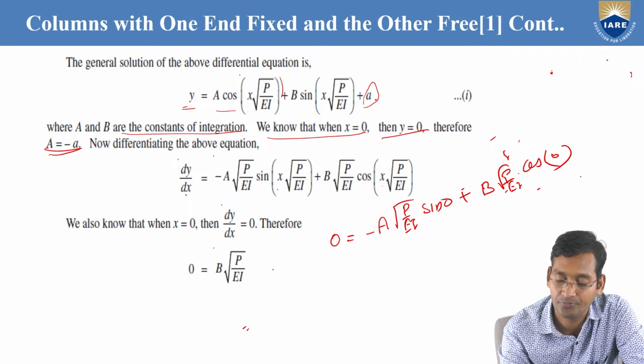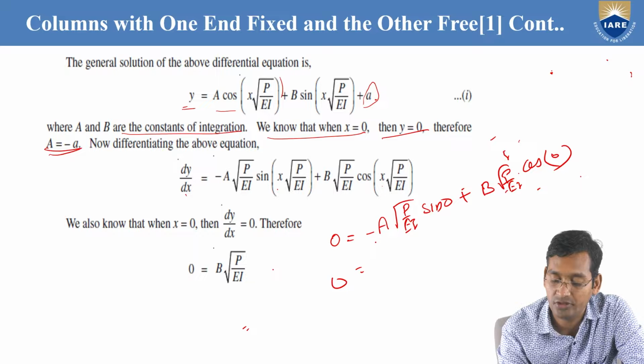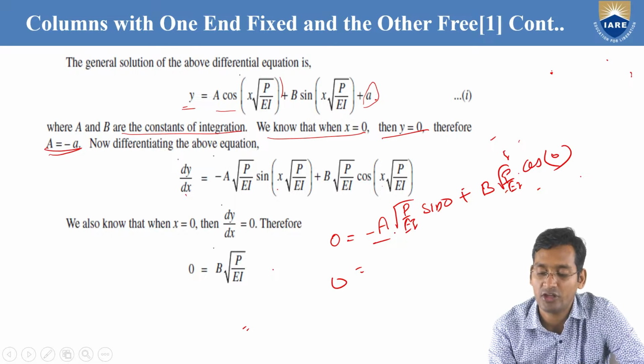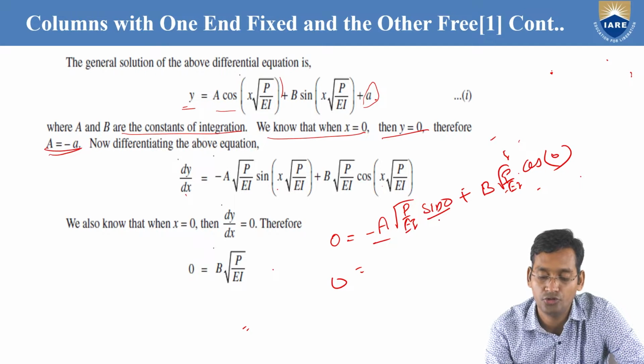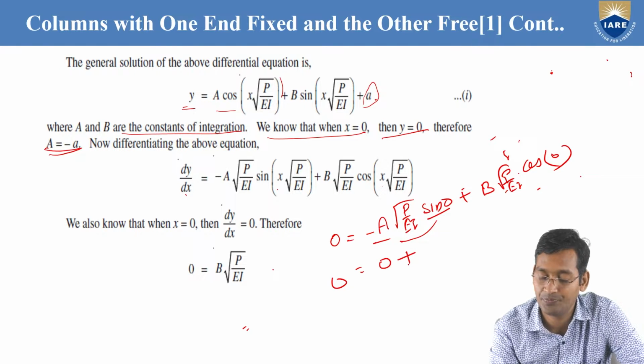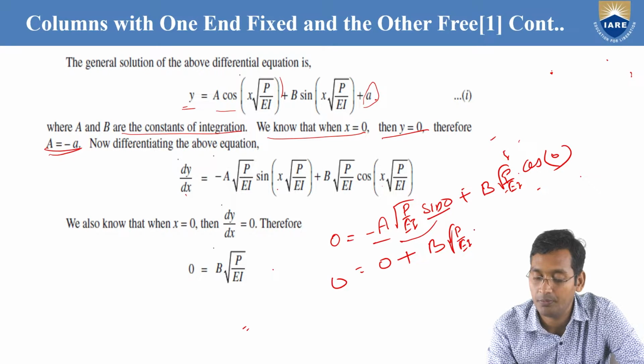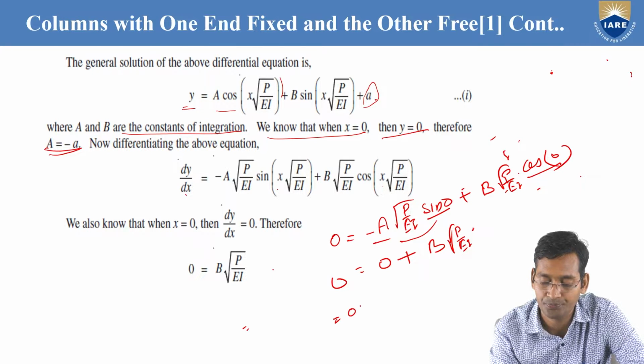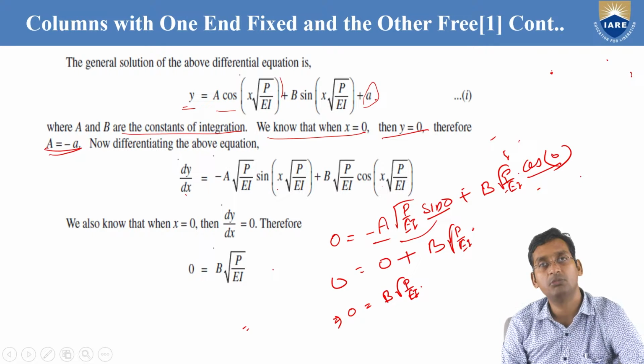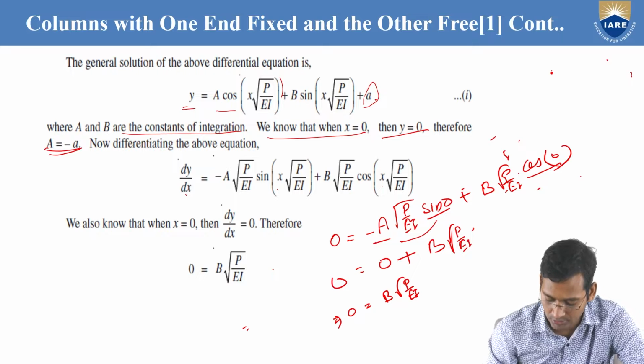So sin 0 is 0, so 0 into this term will be 0, plus b root p by EI into cos 0, which is 1. So we are getting 0 equals b root p by EI. So again we got a similar equation.